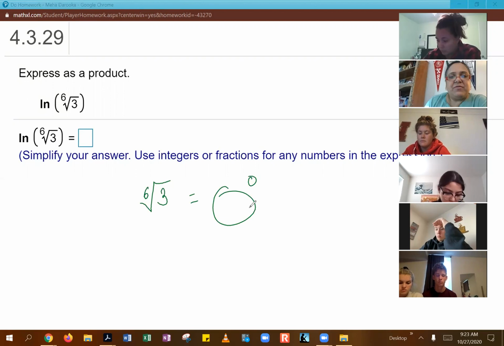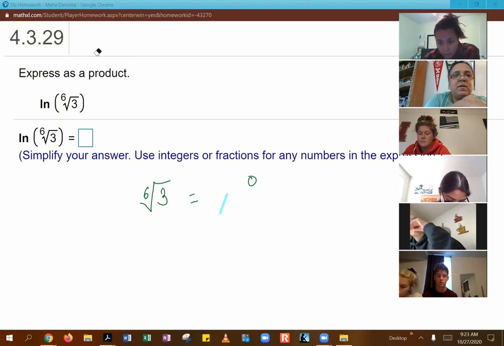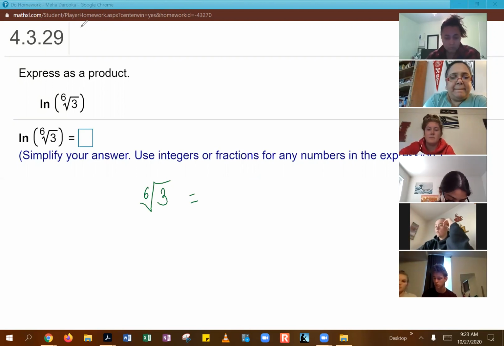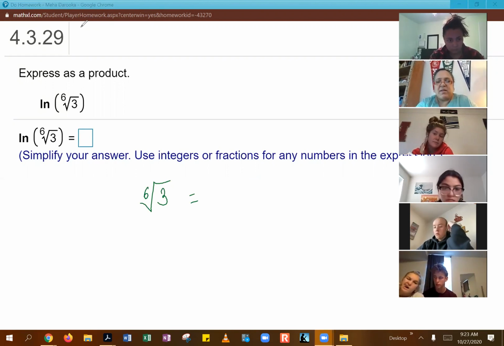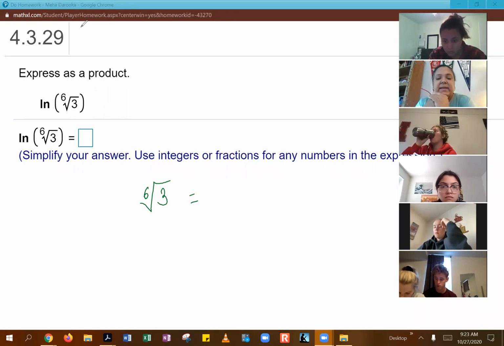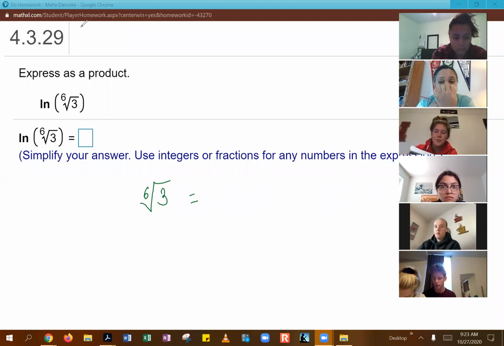So how can you rewrite this 6th root of 3? We actually talked about this. I think it was chapter 1. I know it's been a while, but we had talked about how to rewrite these radicals in exponential form.